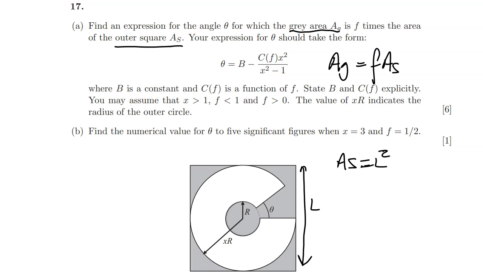So what is L? Well, you should be able to see, because the outer circle touches the square, that L is simply 2xr. And therefore AS equals 4x squared r squared.